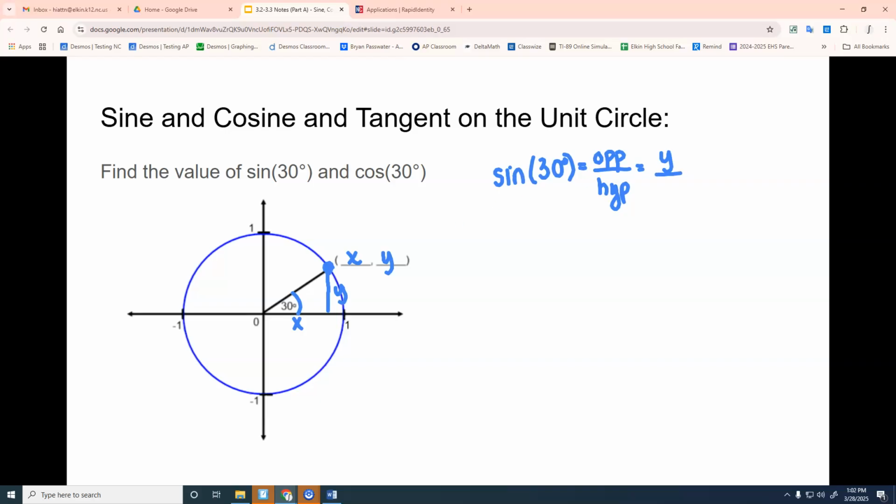What is the hypotenuse for that triangle? It is 1, because this is a 1 unit circle right here. So sine of 30 degrees just equals the y coordinate of that point, which we just filled in. So the coordinates of this point were square root of 3 over 2 and 1/2. So sine of 30 degrees would be 1/2. That would be our value.